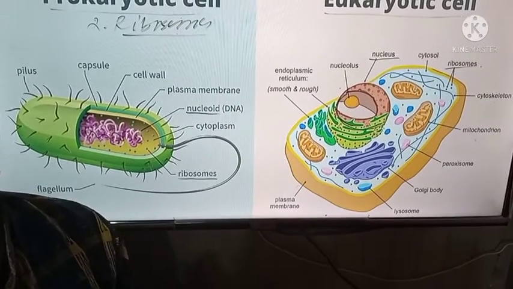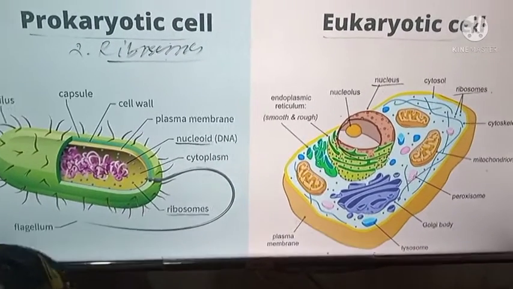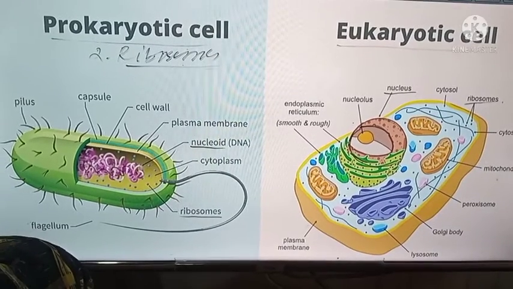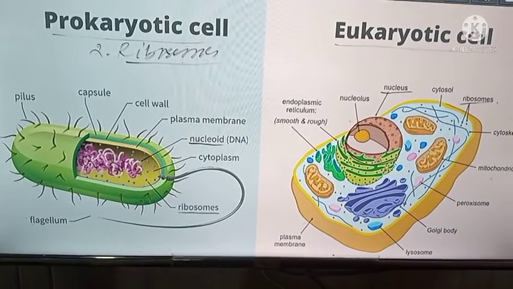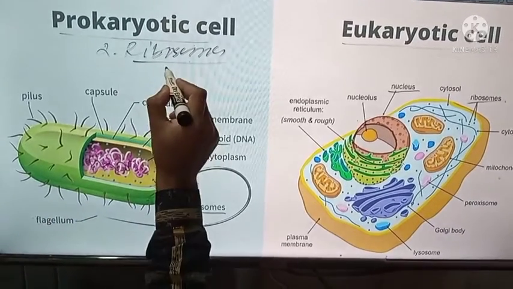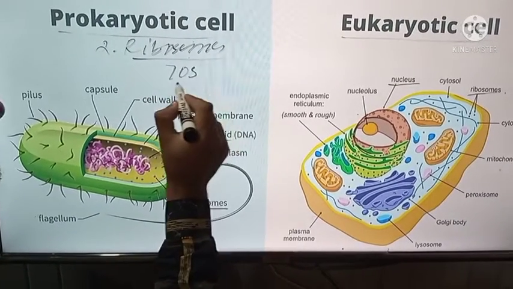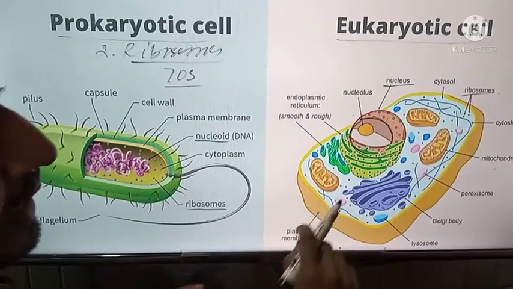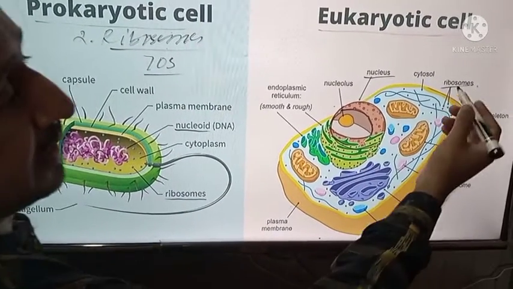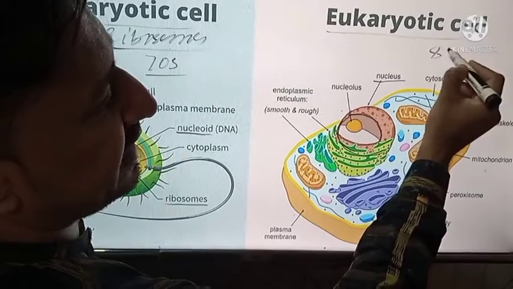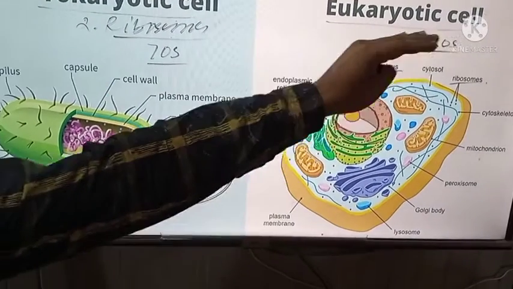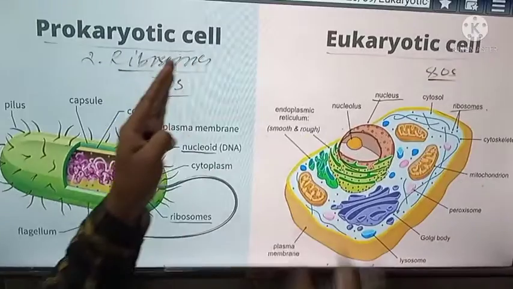Generally, we use a unit known as the Svedberg, which represents the size of ribosomes. The ribosome of a prokaryote is usually 70S, and on the other hand, the eukaryotic ribosome is the larger one, with a size of 80S. So the size of the eukaryotic ribosome is greater compared to the prokaryotic.